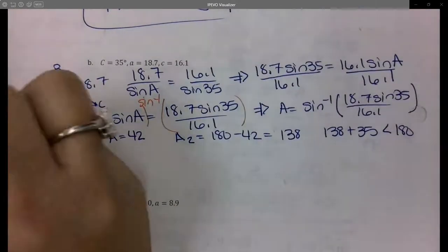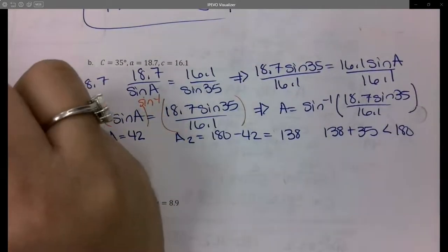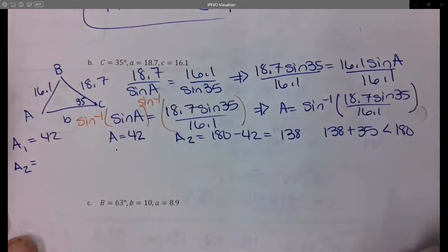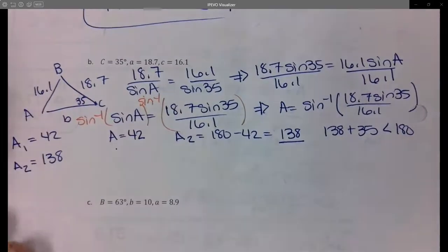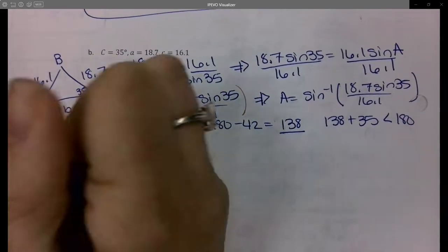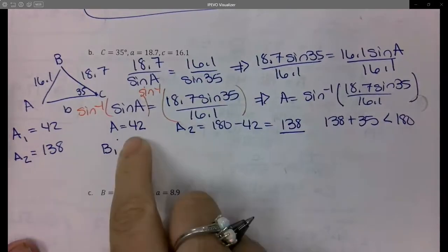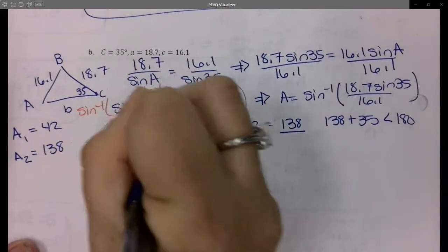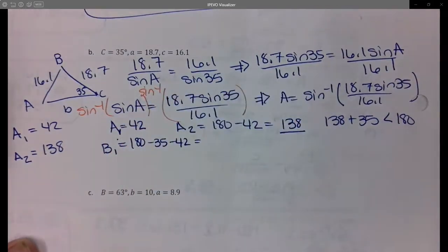So I'm going to have two angle measures for A. My first one was 42, and the second one is 138. Then to find my measures for angle B, my first angle B is going to match up with the first angle A. So I'm going to have 180 minus the 35 minus the 42.